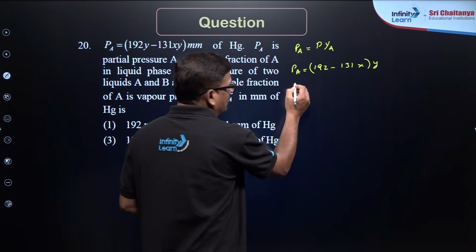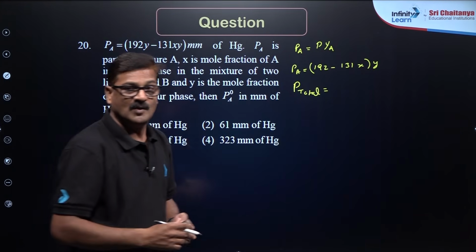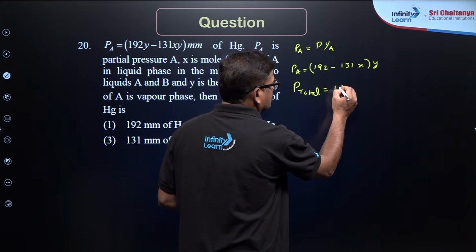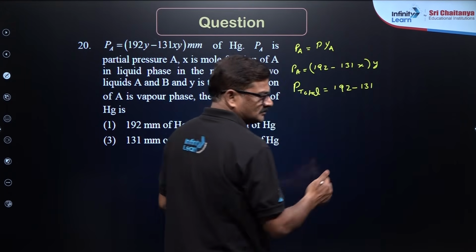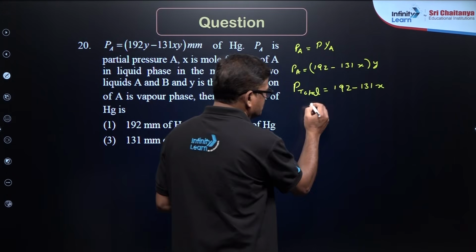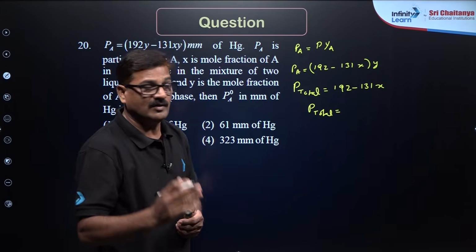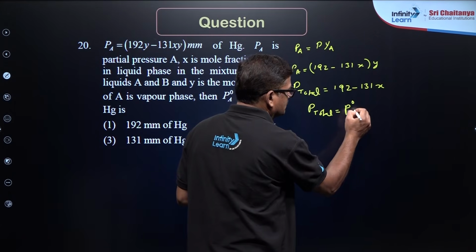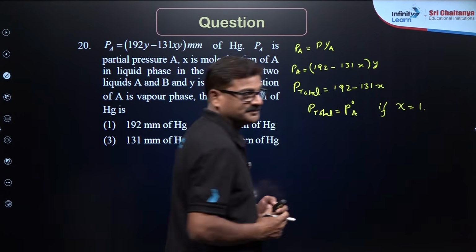P total is equal to 192 minus 131 of X, and P total is equal to P naught A if you assume X is equal to 1.